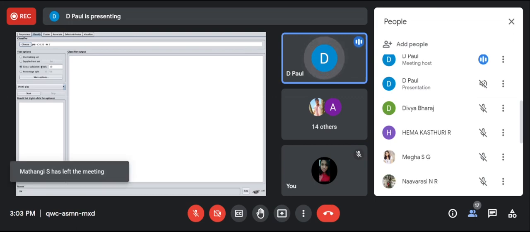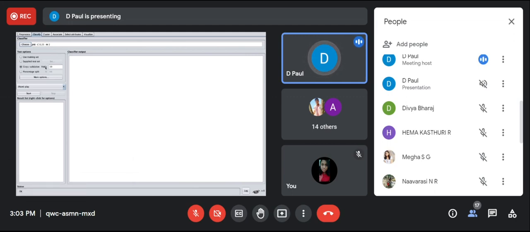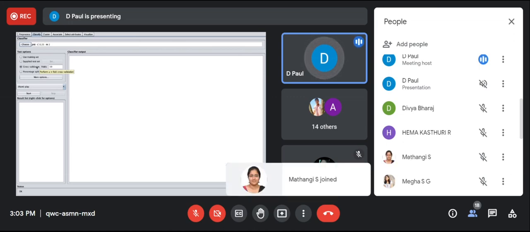What is cross validation fold? This will be explained by our Surya. I don't know whether he'll explain it in this class or the next class. While taking SVM, he will tell. So I'll just use the default value.